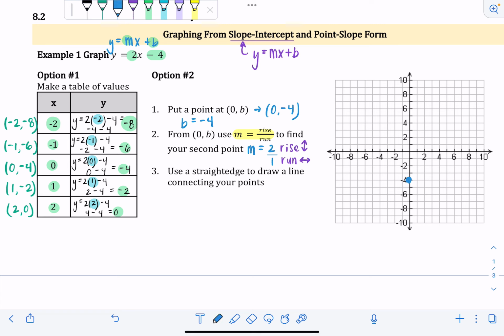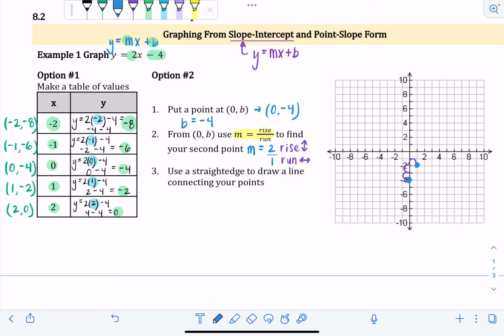Since they're both positive, to get from my 0, -4 to my second point, I'm going to rise 2, so I would go up 1, 2 in the positive direction, and then I would run 1 in the positive direction, so I would go right 1, and then I would get my second point.